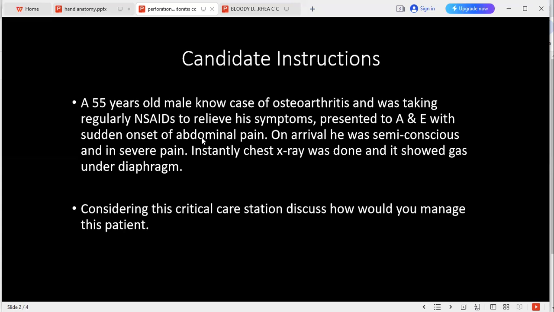It also destroys the gastric protective barrier of the mucosa, and suppresses prostaglandin synthesis in the stomach.